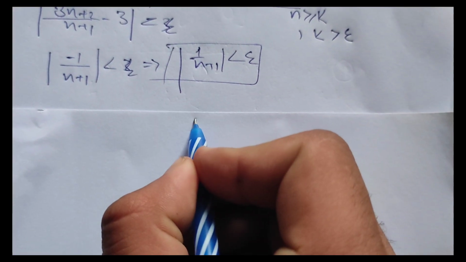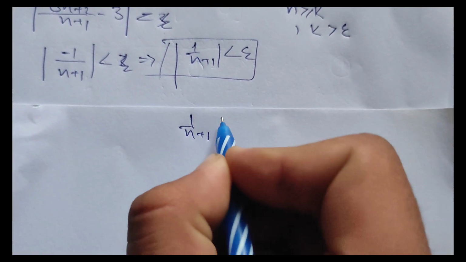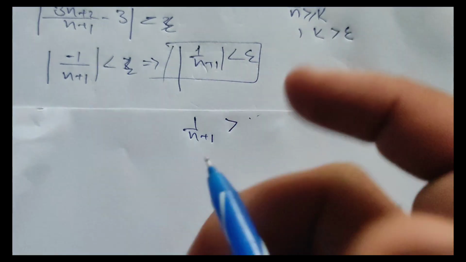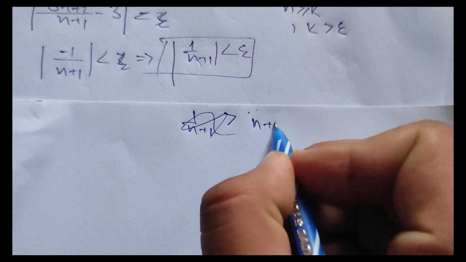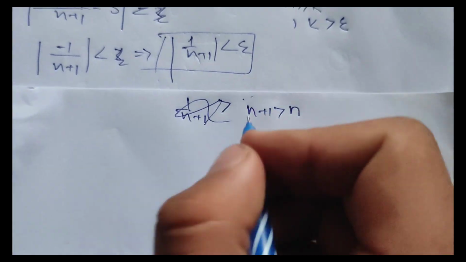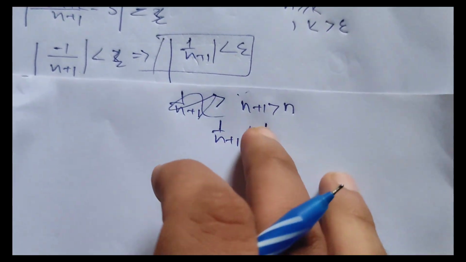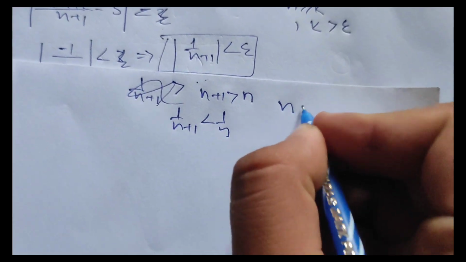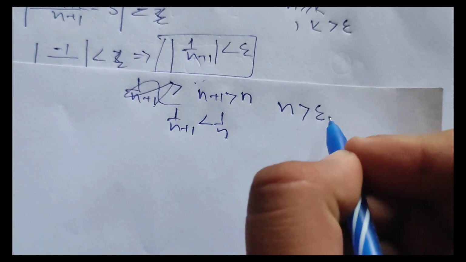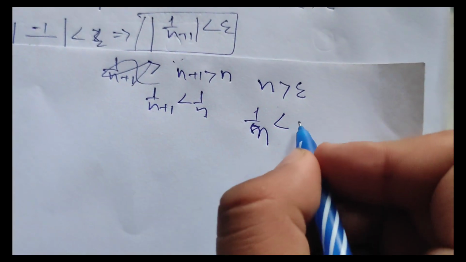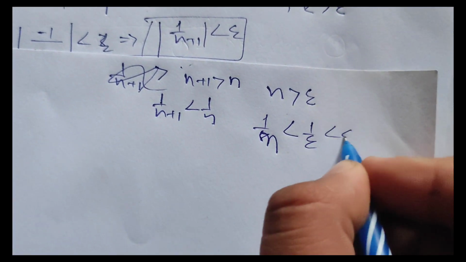Now we know that n+1 is greater than n, so 1 upon n+1 is less than 1 upon n. Simple logic. And we know that for numbers greater than a small number, the reverse is basically the same, which is epsilon.